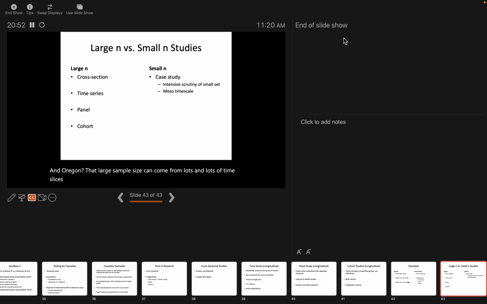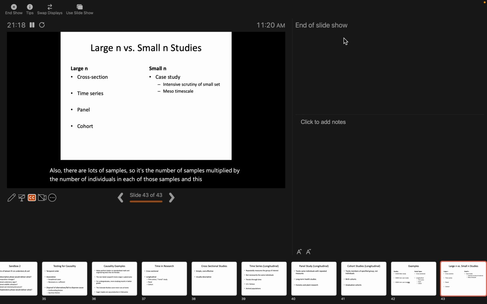So depending on whether you're doing a panel or a cohort, the sample size is really large, and also there are lots of samples. So it's the number of samples multiplied by the number of individuals in each of those samples.